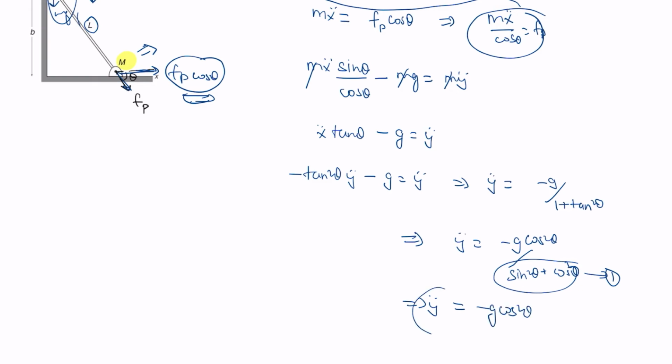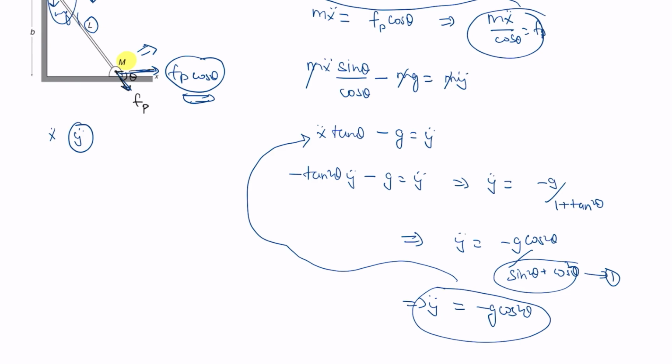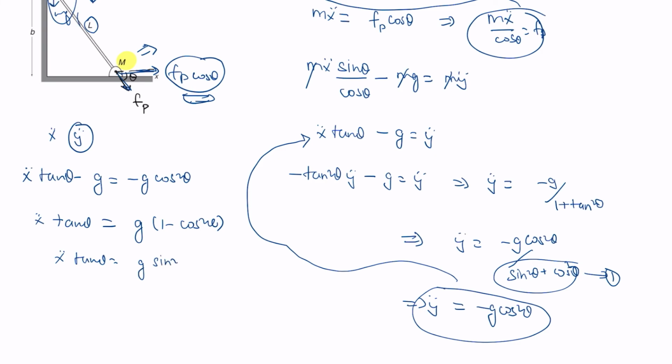Now obviously I'm supposed to find x double dot and y double dot, and I have my y double dot. Now I will take up this equation and put it here, and we'll evaluate for x double dot. So it will be x double dot tan theta minus g equals minus g cos squared theta, and x double dot tan theta equals g times 1 minus cos squared theta, so x double dot tan theta equals g sine squared theta.